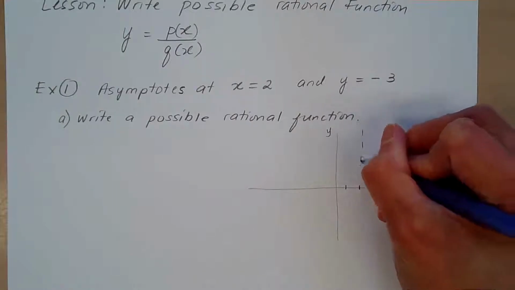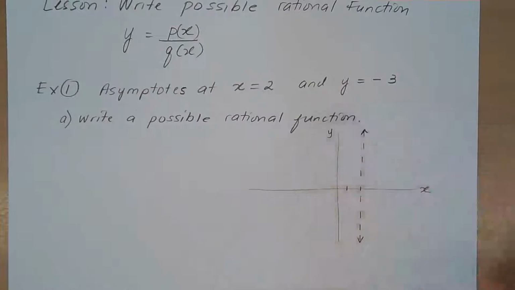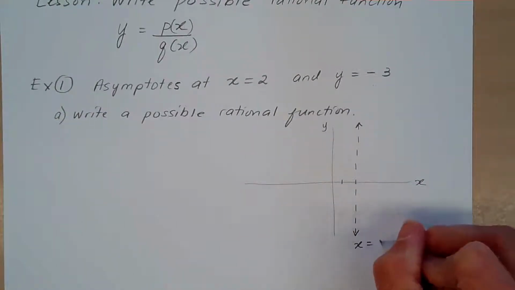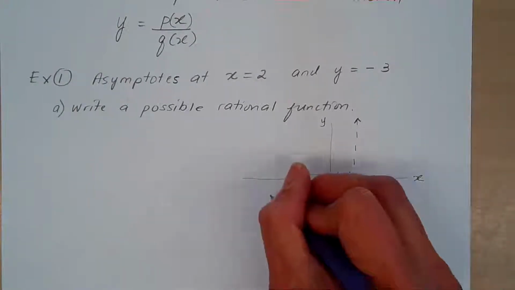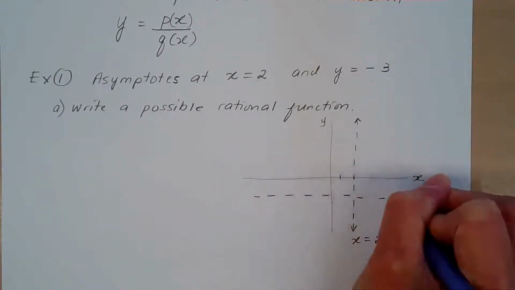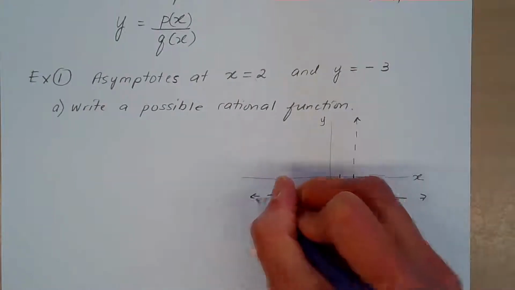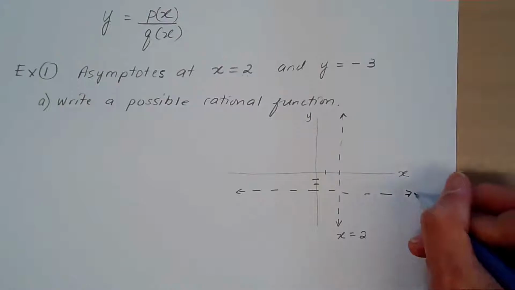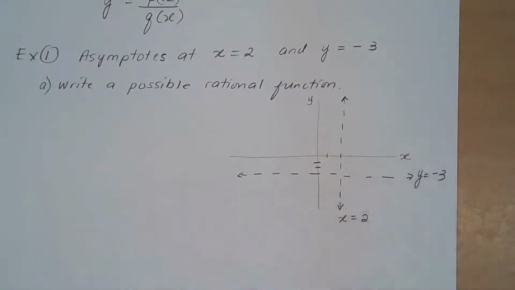Vertical asymptote, x equals 2, and then horizontal asymptote at -3. Those are the only things that we know.